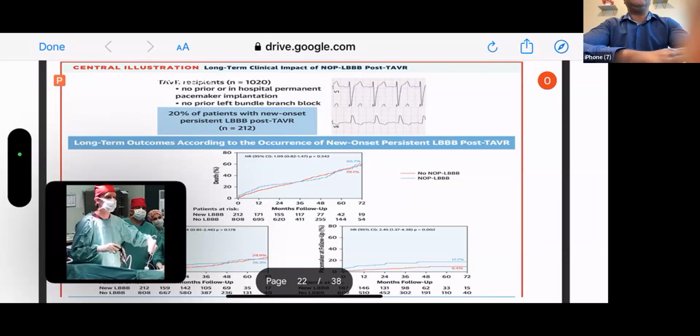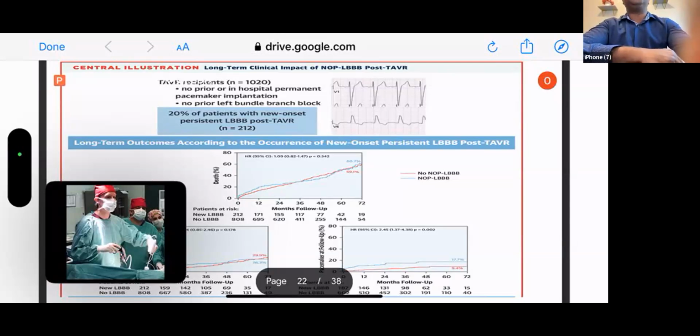So this graph here is showing us that even if they have left bundle branch block, there's no difference in mortality, no difference in hospitalization, no difference in terms of pacemaker at follow-up. Sorry, actually, they had more pacemakers if they developed left bundle branch block. So those patients had a pacemaker placed in them.